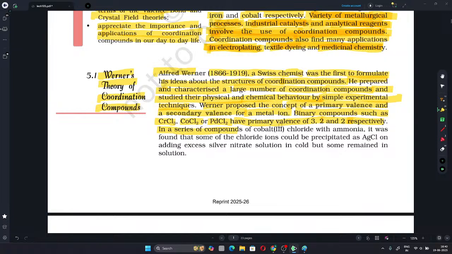In a series of compounds of cobalt(III) chloride with ammonia, it was found that some of the chloride ions could be precipitated as silver chloride on adding excess silver nitrate solution in the cold, but some remained in the solution. Let's read again. It was found that some of the chloride ions could be precipitated as silver chloride on adding excess silver nitrate solution in cold temperature.